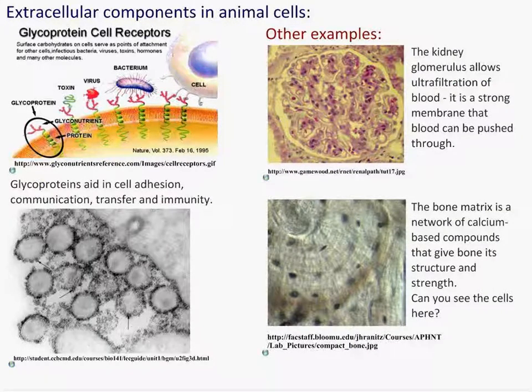So your extracellular components could be in the form of glycoproteins, which are cell receptors in our body, or they could be the bone matrix, which is a network of calcium-based compounds that give the structure and strength to the bone, or it could be glycoproteins, which are not receptors, but they help in adhesion of cells and communication of cells and transfer of information from one cell to another, or it could be the glomerulus that is present as a part of the kidney, which helps in ultrafiltration of the blood, and this glomerulus has a very strong membrane, so the blood can be pushed through it.